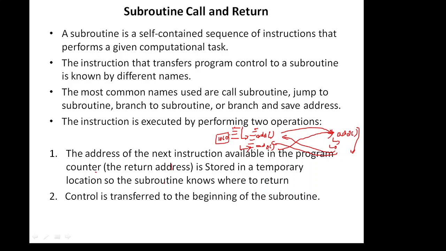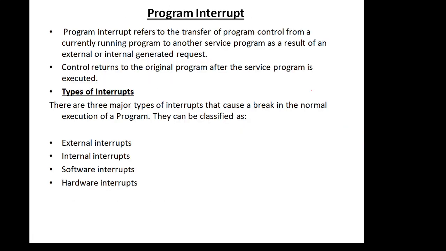So here 1060. Now the program control shifts to the add location. Again the control has to return to that add instruction. How will it return? This address is stored in the program counter. So this is the next address that is going to be executed. After this instruction, the program counter has the next instruction address, so that is executed. Again the control is transferred back from the beginning of the subroutine. So these are the two operations when we perform a subroutine.